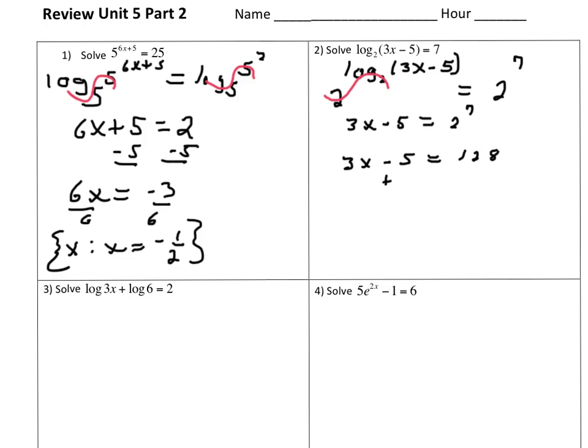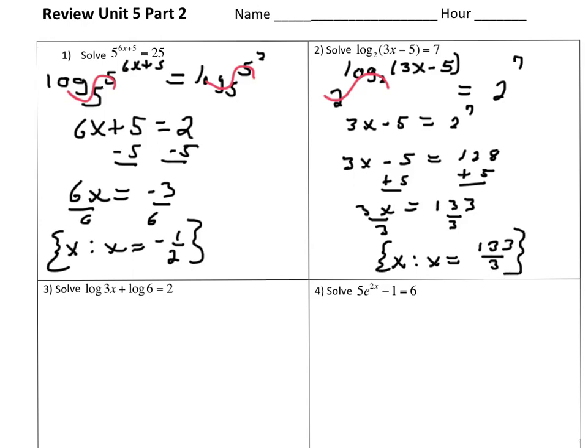I'm going to add 5 to both sides, giving us 3x is equal to 133. Then we're going to divide both sides by 3, and I will get x is equal to 133 over 3. Put in set builder notation, and we're done. Go ahead, pause me again, and you work on question number 3.